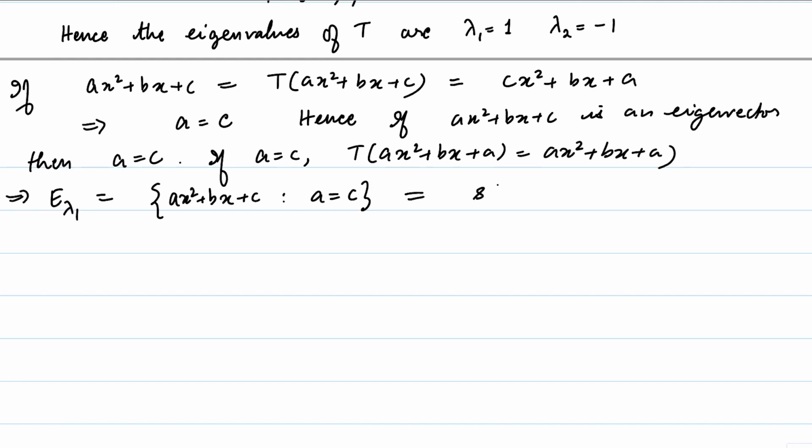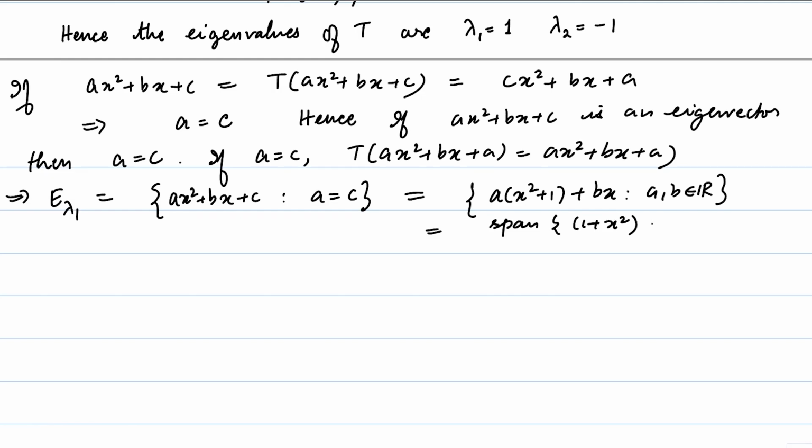This is just a times (x² + 1) plus bx, where a, b belong to R. So we know exactly what the basis is, which is equal to the span of 1 + x², x. So this is going to be the eigenspace corresponding to λ1.